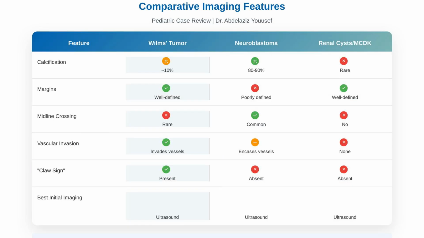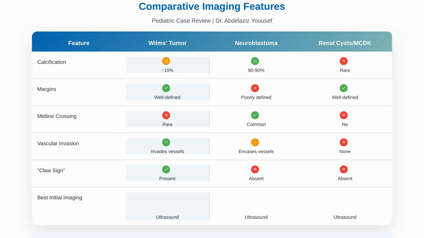This comparative table highlights key imaging features that differentiate common pediatric renal masses. Wilms tumor typically shows well-defined margins with the characteristic claw sign, minimal calcification in about 10% of cases, and rarely crosses the midline. Neuroblastoma, in contrast, demonstrates extensive calcification in 80 to 90% of cases, poorly defined margins, commonly crosses the midline, and encases but does not invade vascular structures.